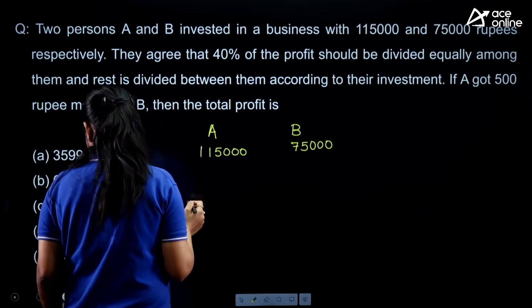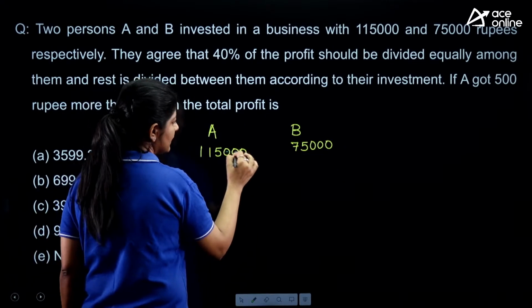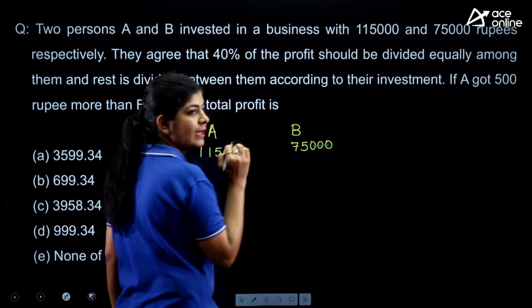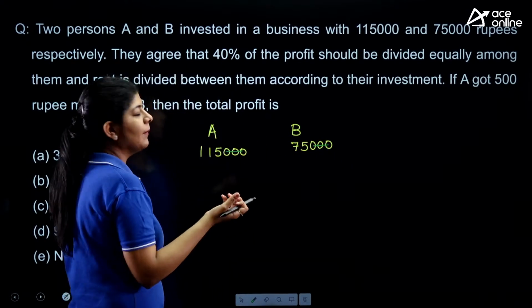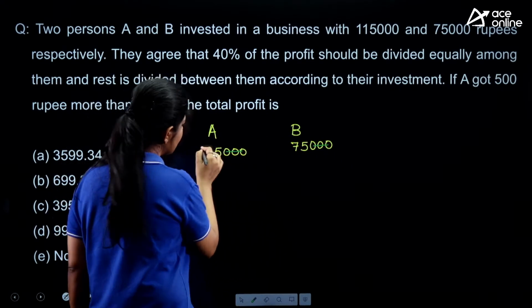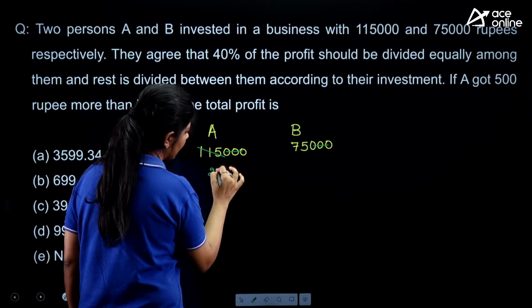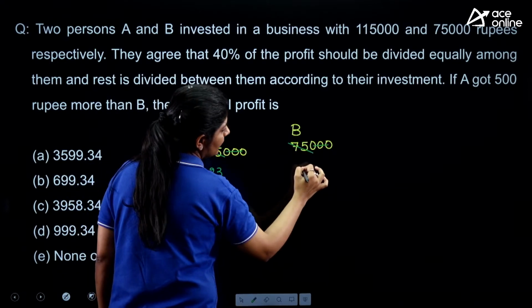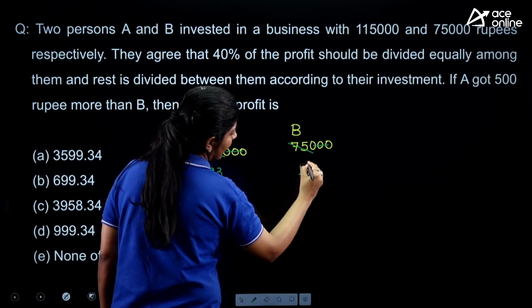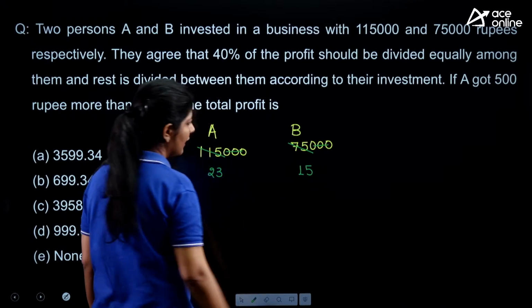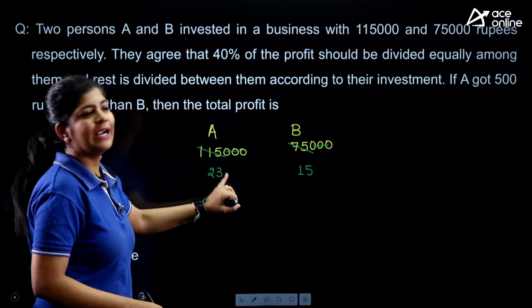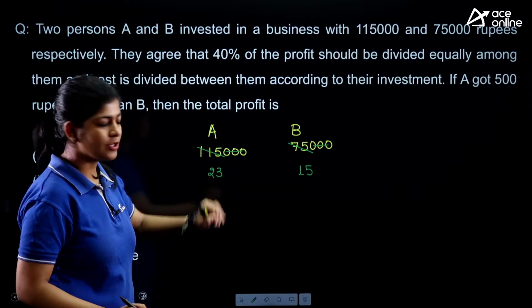If I want to write down the ratio between these two, these three zeros and these three zeros are eliminated. Now with the help of 5 we can eliminate these. So here we get 23, and here we get 15, right? Afterwards we can't eliminate it. This is the simplified ratio.